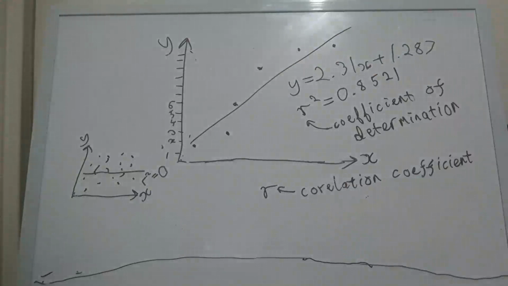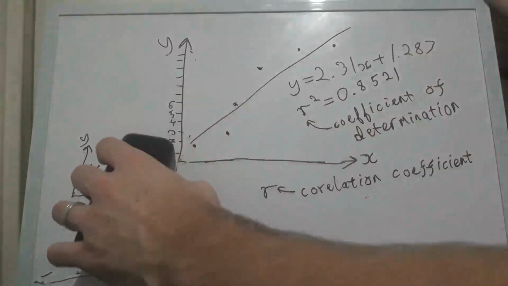It is a random distribution, completely random. So, if you want your data to fit a line well, then you want your r-squared value to be as close to 1 as possible. And the lower your r-squared value, the less well your data set fits the line you've drawn.